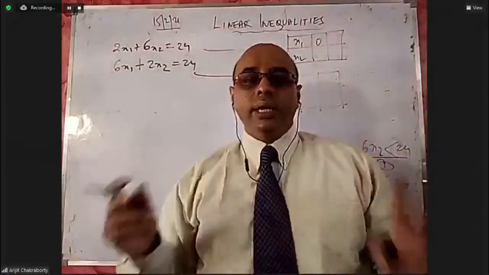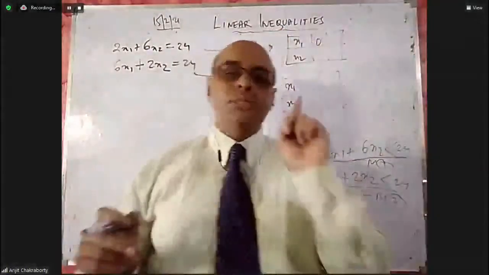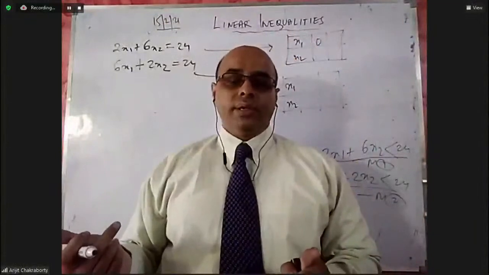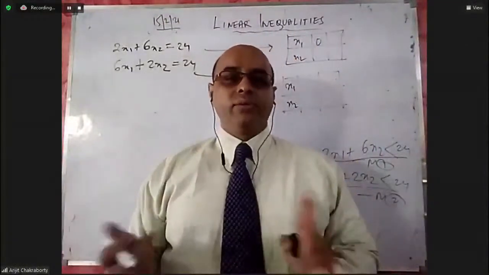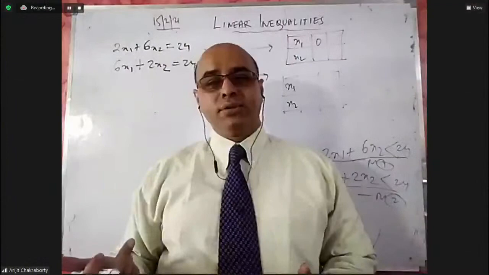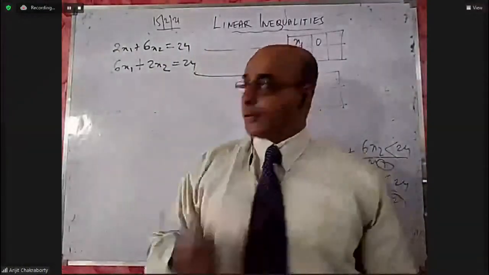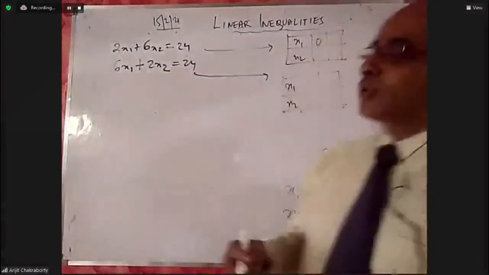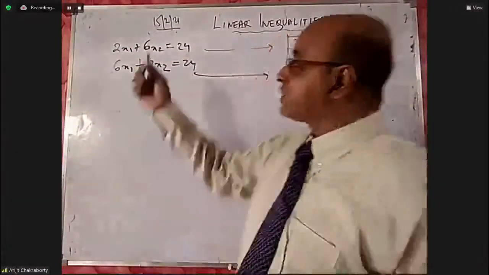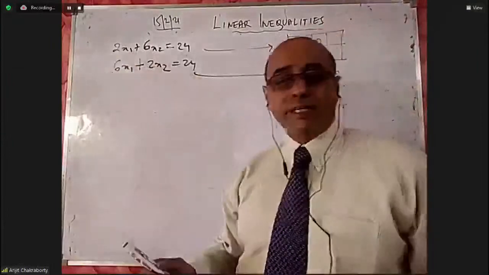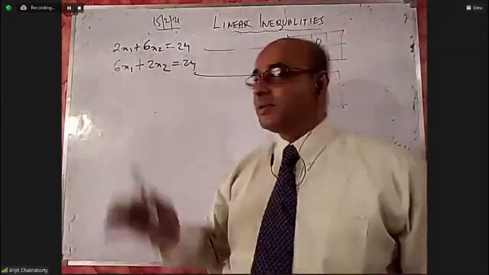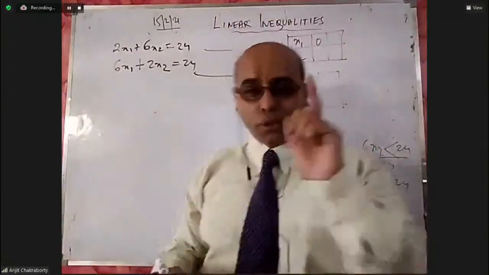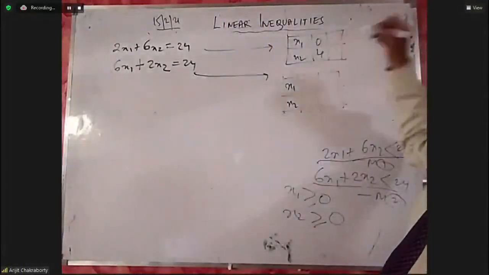The rule is: set the first variable equal to 0, and you will get the value of the second variable. Step 2 is put the second variable equal to 0, and you will get the corresponding value of the first variable. So here x1 is 0. If x1 is 0, what do we get for x2? 0 into 2 is 0, so 6x2 has to be equal to 24. So x2 is how much? 4. I will write 4.